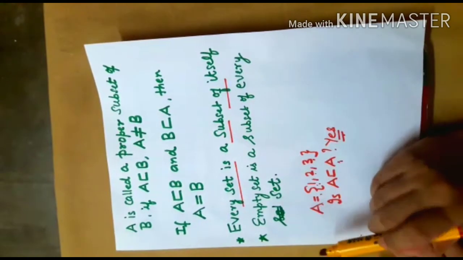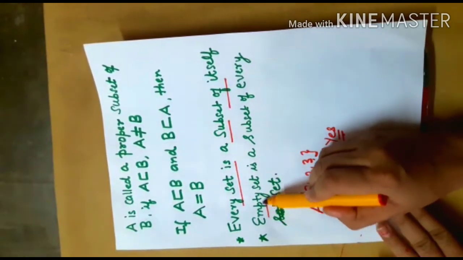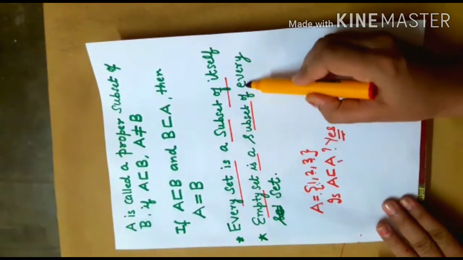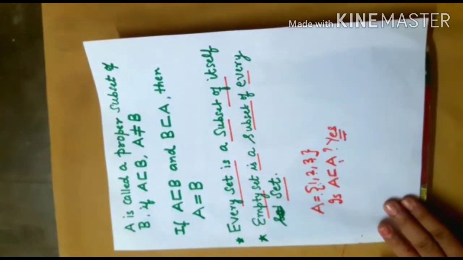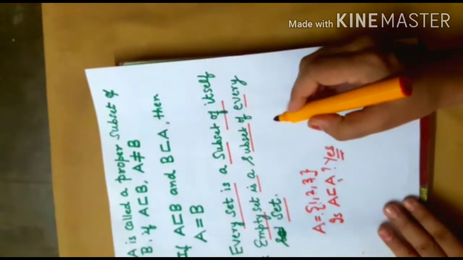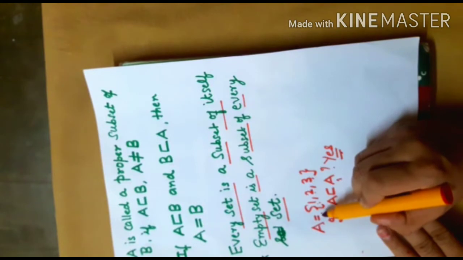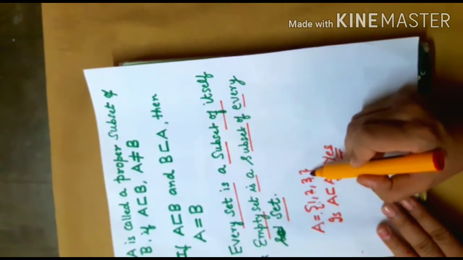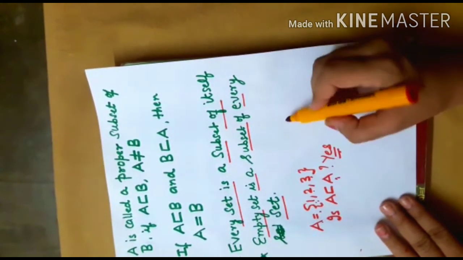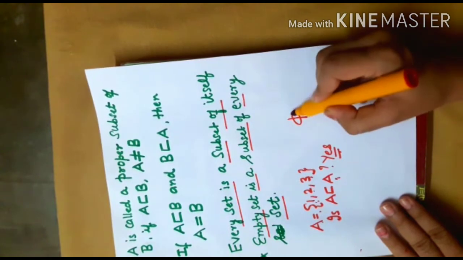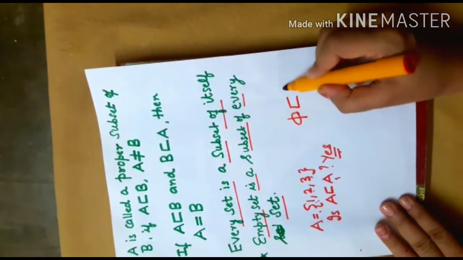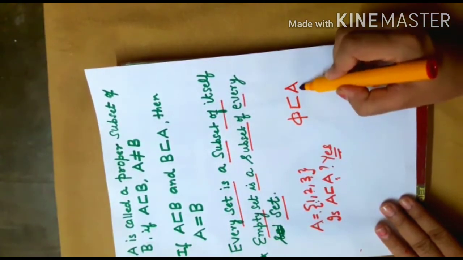And also note that empty set is a subset of every set. That is, if A is the set with elements 1, 2, 3, then φ, which is the null set, will be a subset of A.